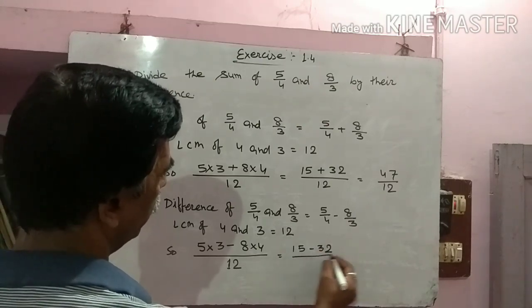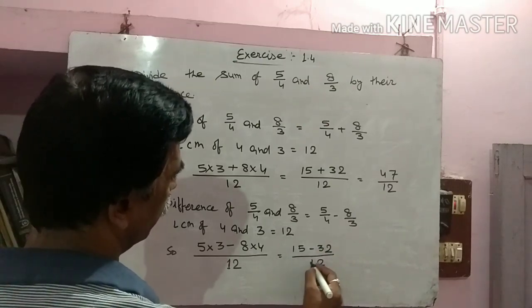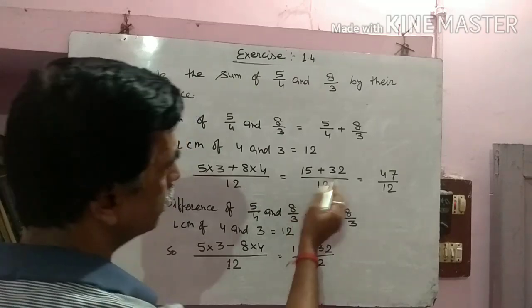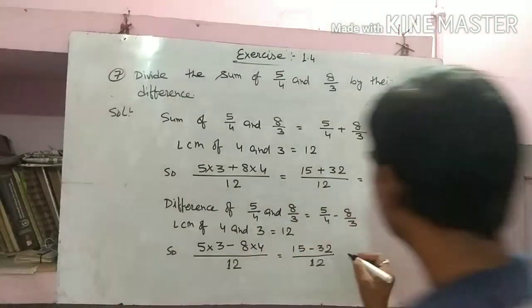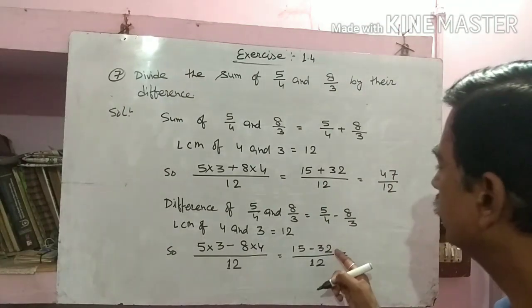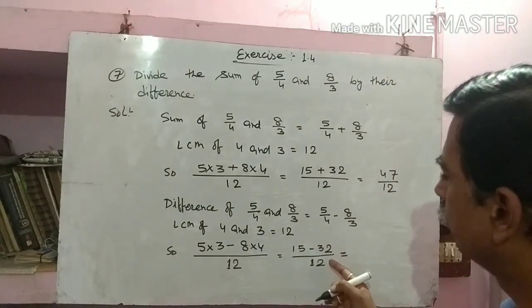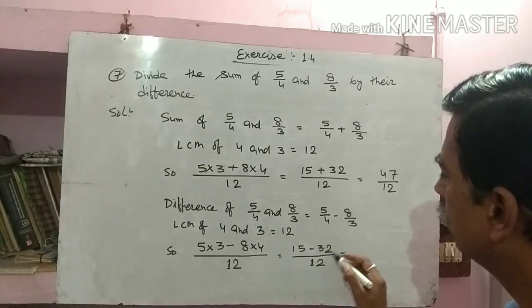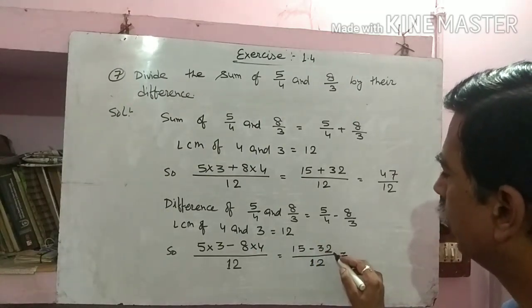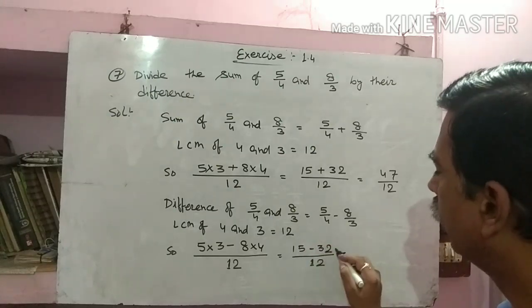As you know, same signs are going to be added and different signs are going to be subtracted. So we have to subtract the smaller value from the bigger one. This is the bigger one, so we have to subtract 15 from 32.